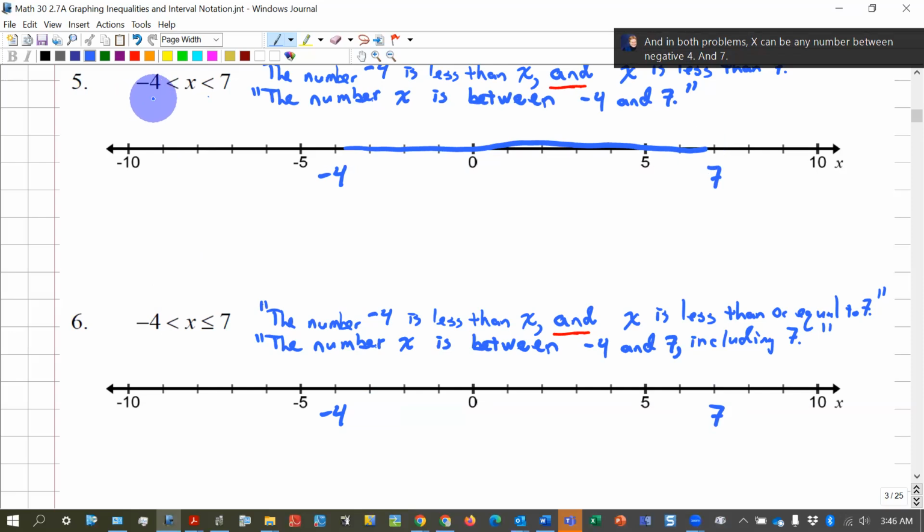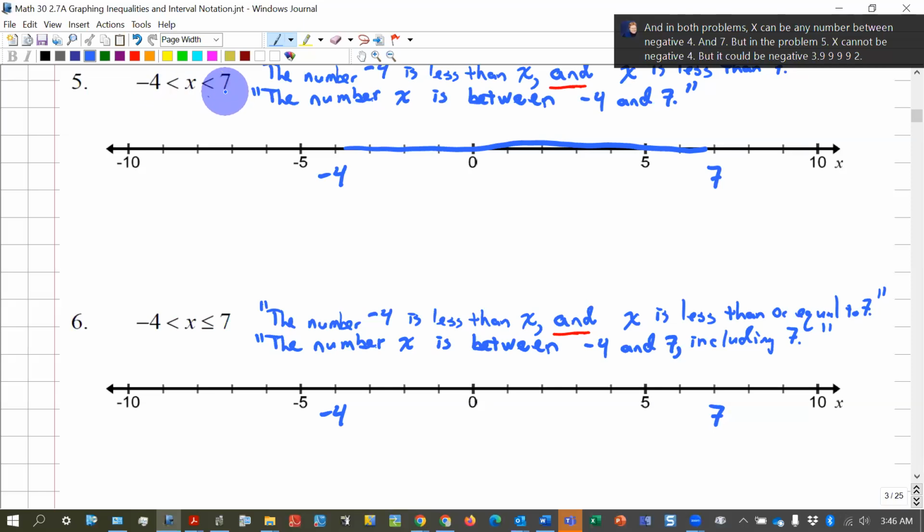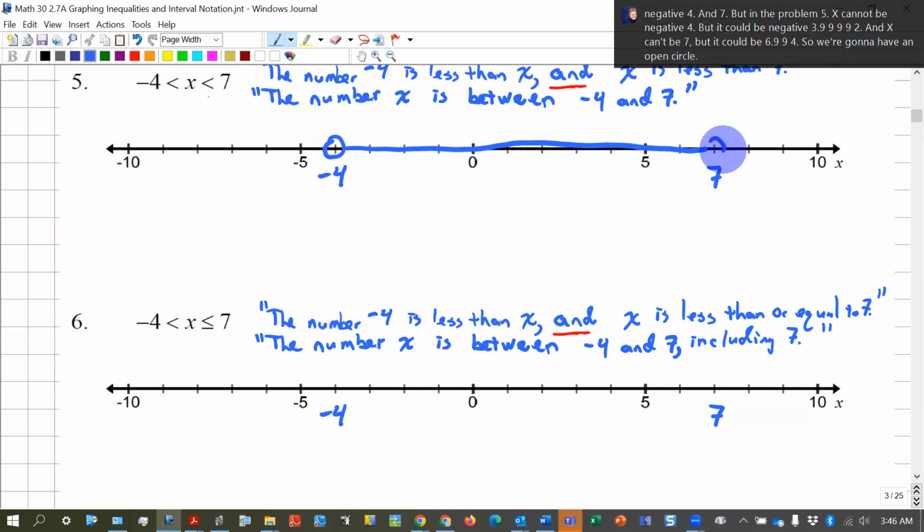But in problem 5, x cannot be -4, but it could be -3.999992. And x can't be 7, but it could be 6.994. So we're going to have an open circle at both ends of our picture.